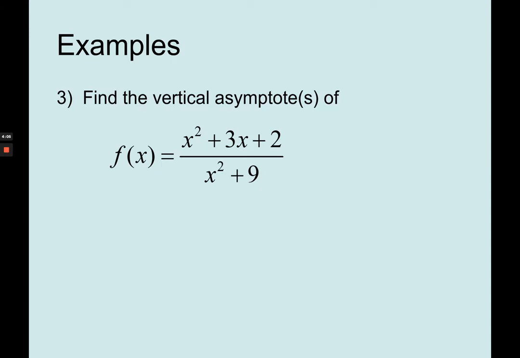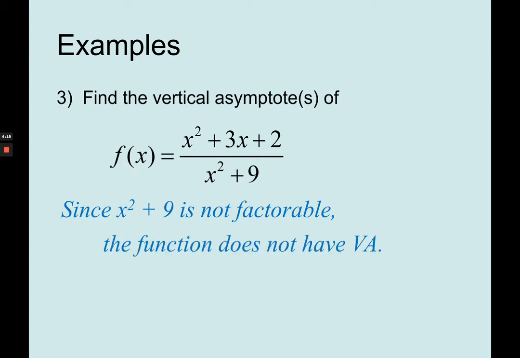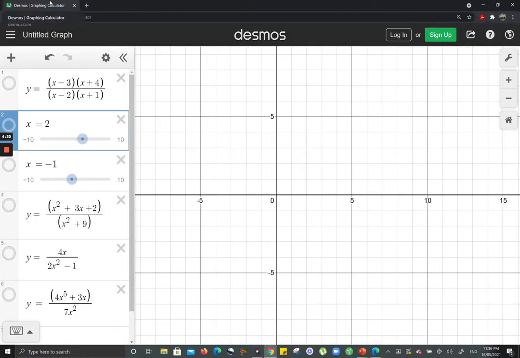Let's have another example. You have here f of x is equal to x squared plus 3x plus 2 all over x squared plus 9. Here, there is a technical problem. Since x squared plus 9 is not factorable, the function does not have a vertical asymptote. If we're going to check, I already prepared the function.